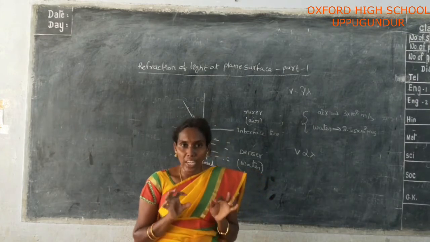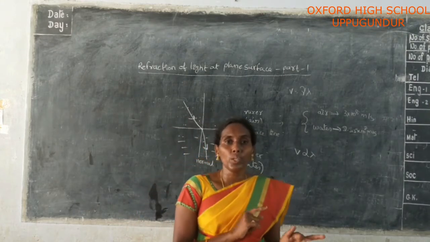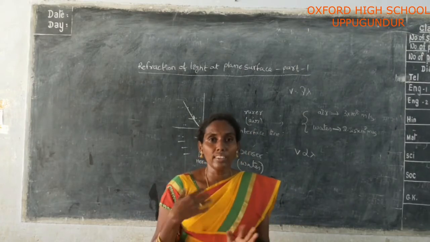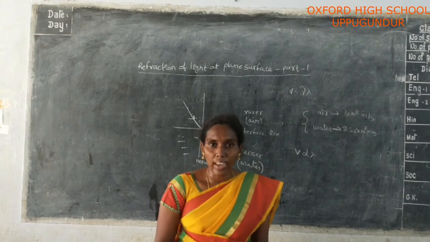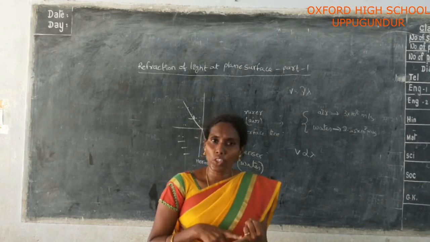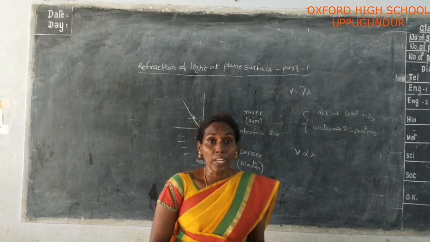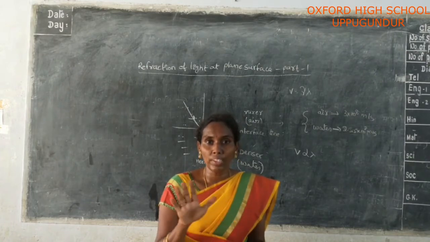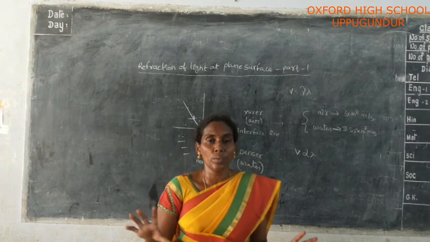Refraction is nothing but when a light ray travels from one medium to another medium, the light ray bends at the interface line. That property is called refraction. During refraction, wavelength changes and velocity changes. At the same time, the frequency does not change.